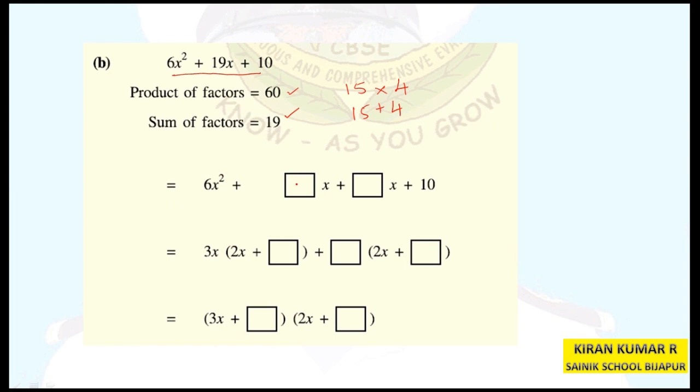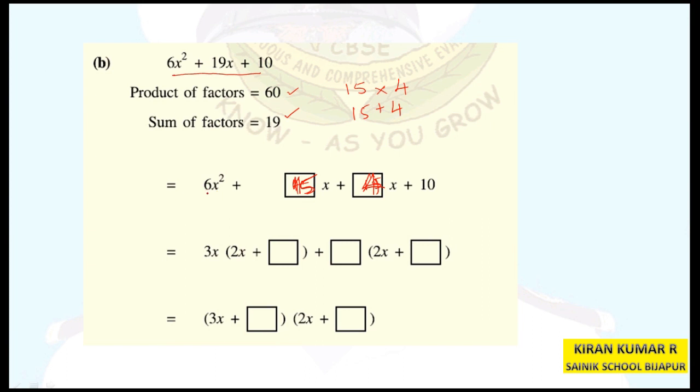So I will write this as 4 and 15. Or I will write this particular thing as 15 and this as 4. The reason is, in the next step we have a 2x here. That's possible only when 4x is written here. That's how you have to guess.